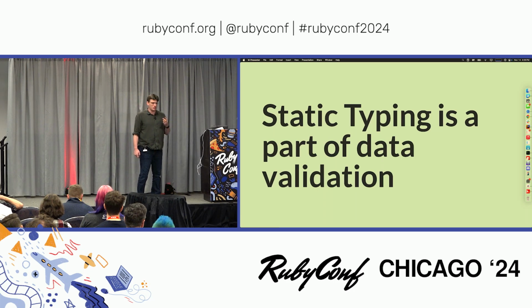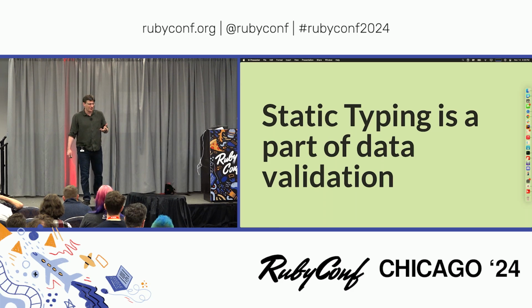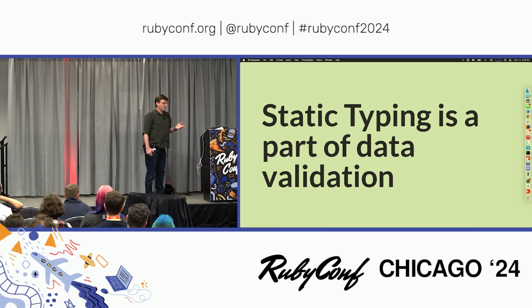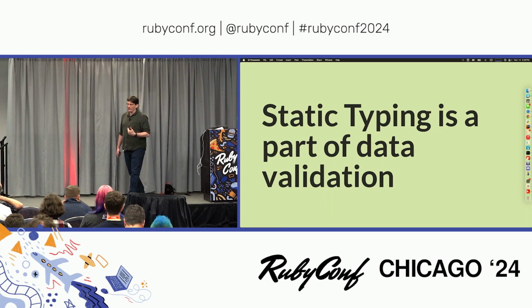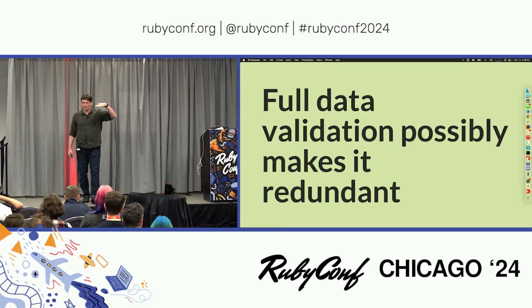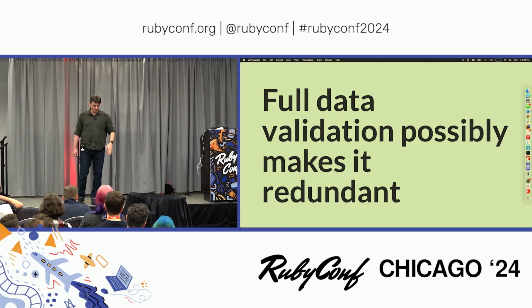Is the address valid? Does the person have a PO box? Are they even in our database? Do we have a do-not-ship flag on this person for some reason? All kinds of things that might be true. Once you do that, the piece where it is a person object becomes increasingly implied by all the other data validation. The more data validation you are doing, the less incremental value you are getting from just that piece of static typing.